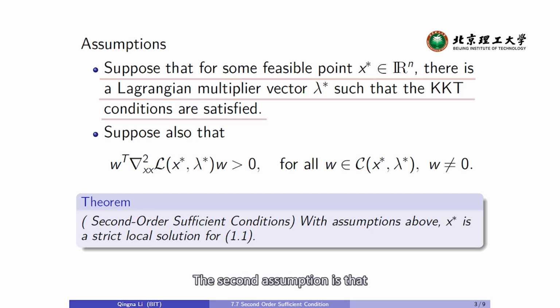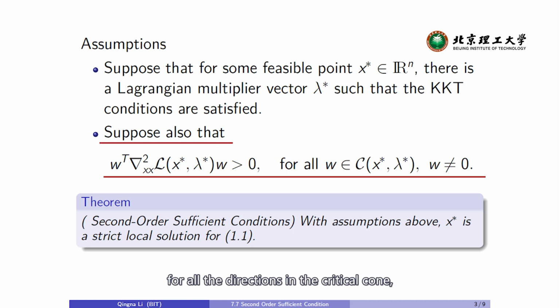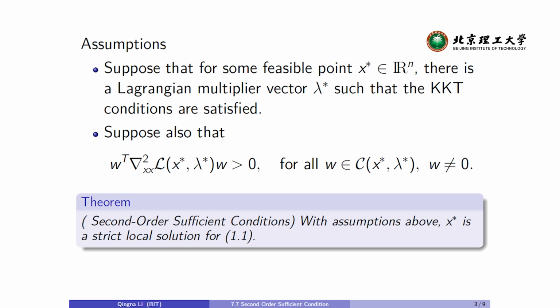The second assumption is that for all the directions in the critical cone, we have the following positive condition, which means that the Hessian matrix of the Lagrange function, multiplied from left and right by the directions in the critical cone, will be positive. So the two assumptions are very essential to the second-order sufficient conditions.